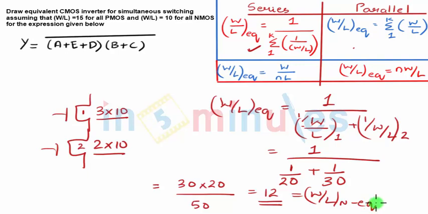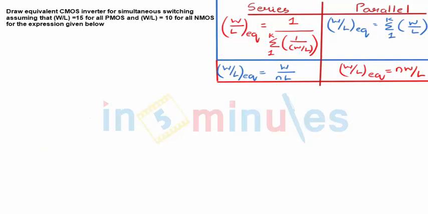So we have got the PMOS equivalent, we have got the NMOS equivalent. We have to just draw an inverter equivalent and substitute the value of W by L in that. Let's quickly do that. So my final circuit is nothing but PMOS, NMOS, input shorted because it's an inverter.